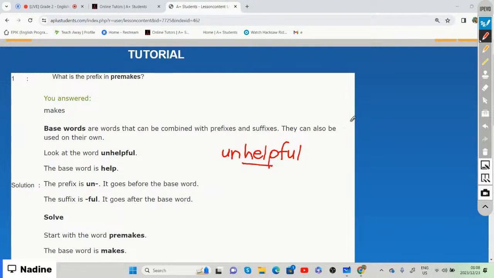And then we have, remember we said a prefix you add in front of the base word or the beginning of the base word, which is un.